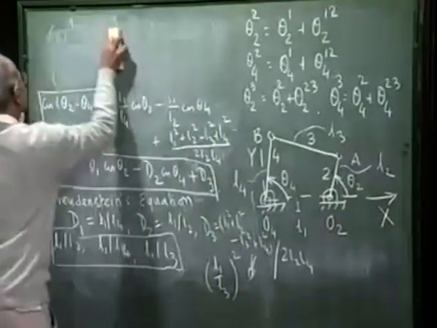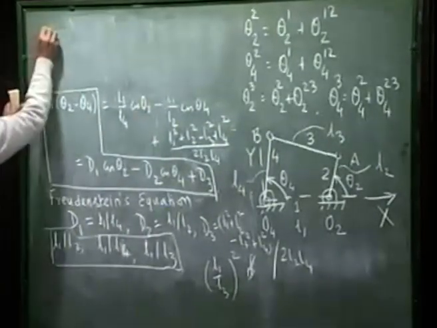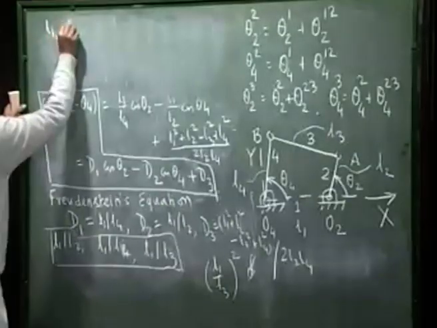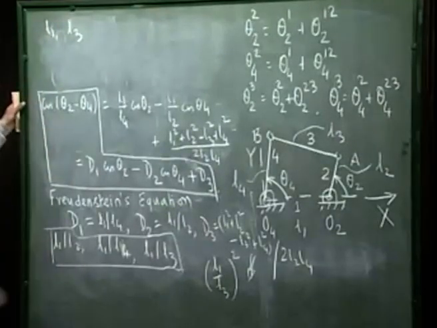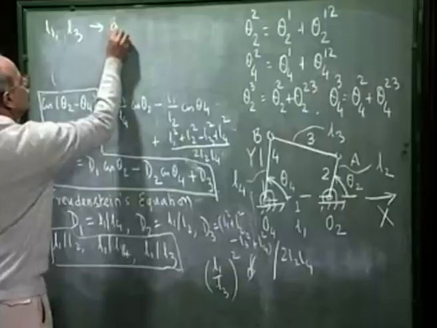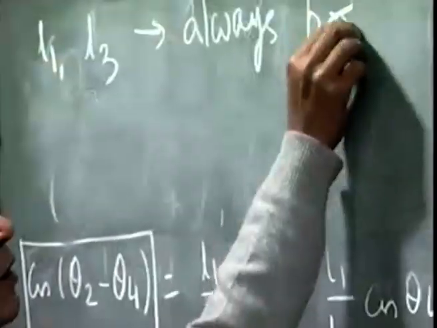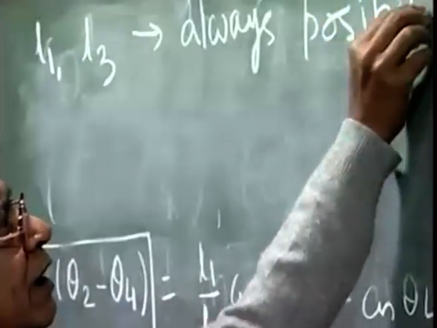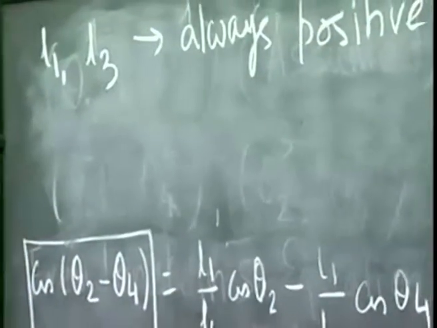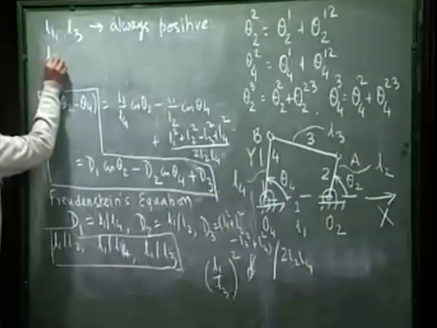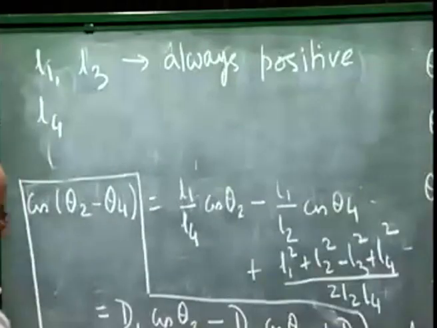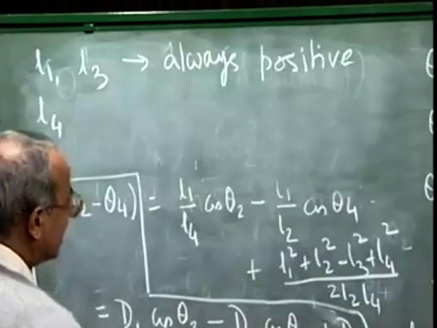So, to summarize, I can say that the fixed link length and the coupler length are always positive. If D1 turns out to be negative, that means L4 can be negative, and if D2 turns out to be negative, then L2 is negative.